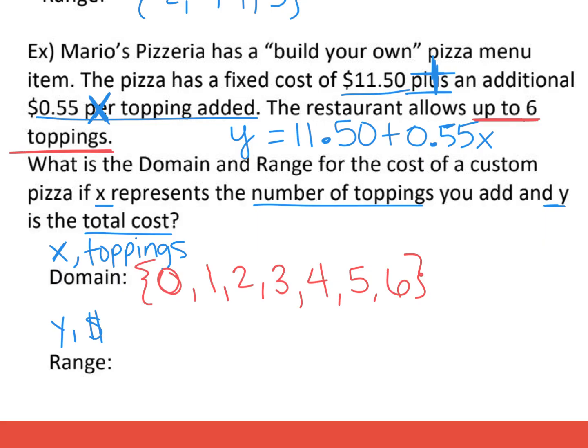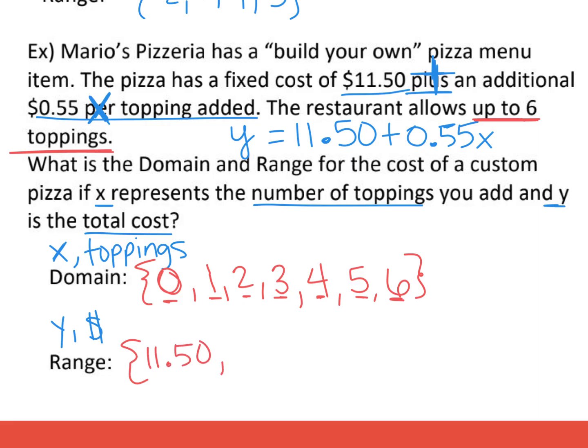So if we know the domain, 0, 1, 2, 3, 4, 5, 6, and we have this equation, 11.50 plus 0.55x, can we write our range? Okay, so we have x's, right? These are our x's. So what if I put 0 into my equation? If I got no extra toppings, if I got just a cheese pizza, how much money did I spend? $11.50.